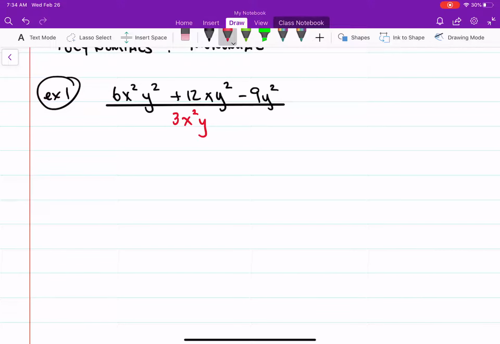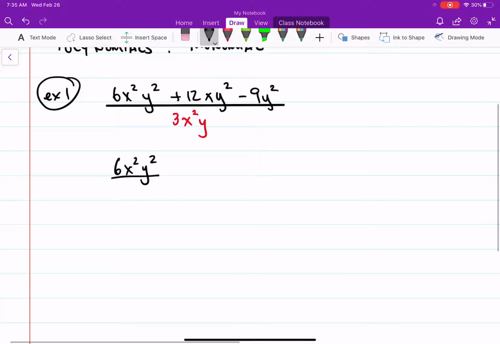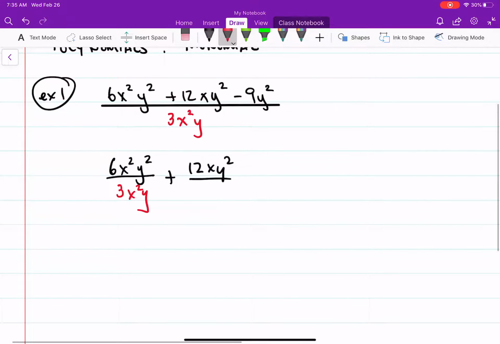So all we're going to do with monomials, which is very different from dividing by binomials, is split these up into separate fractions. So it's going to look something like this. 6x squared y squared divided by 3x squared y plus 12xy squared divided by 3x squared y minus 9y squared divided by 3x squared y.